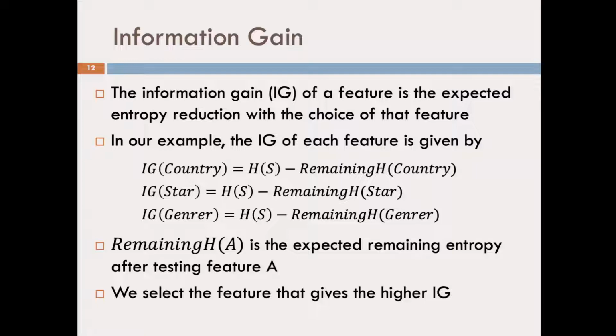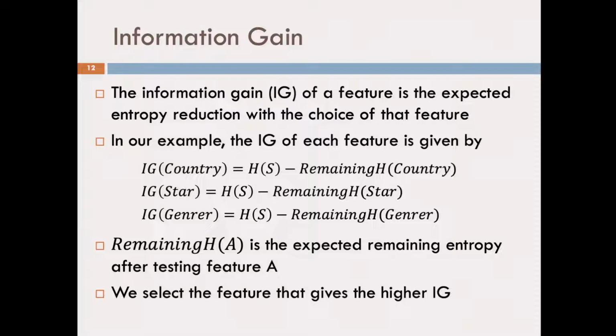So we have to calculate the information gain for the features. The information gain of a feature is the expected reduction of the entropy when we choose that feature. Okay? So in our example, the information gain of each feature is given by the entropy of the whole data set, entropy of S, minus what we will call here the remaining entropy when choosing the feature country.